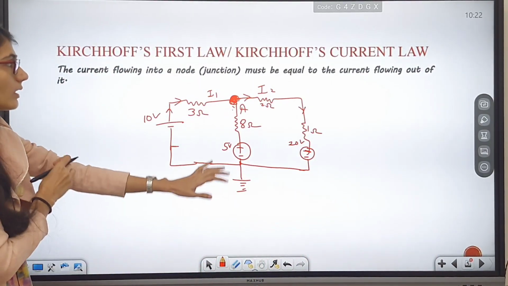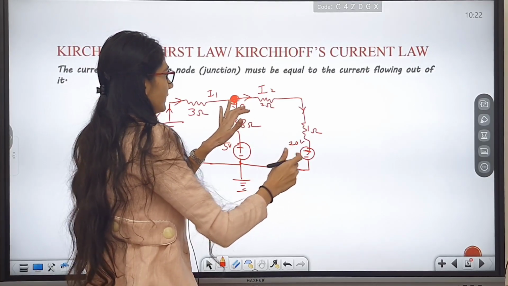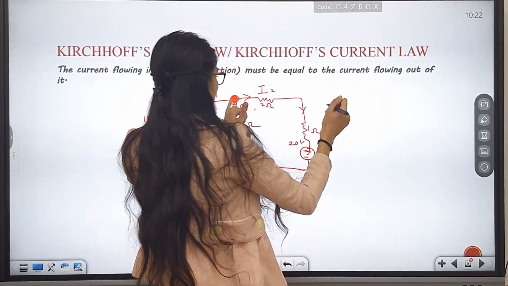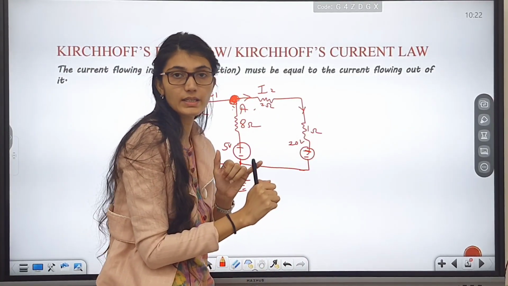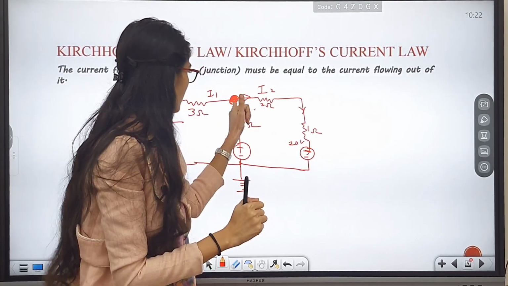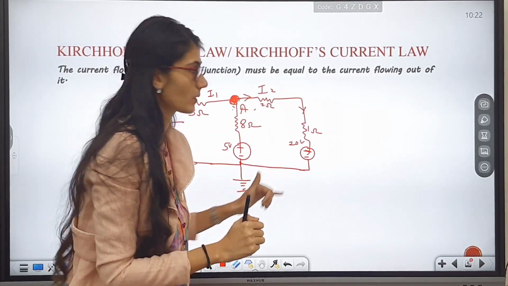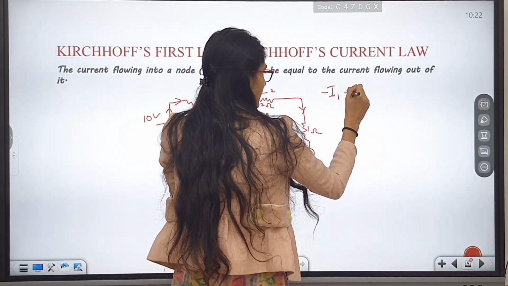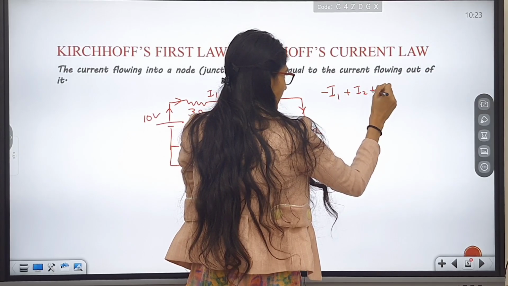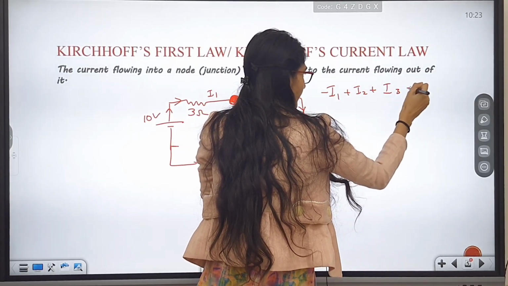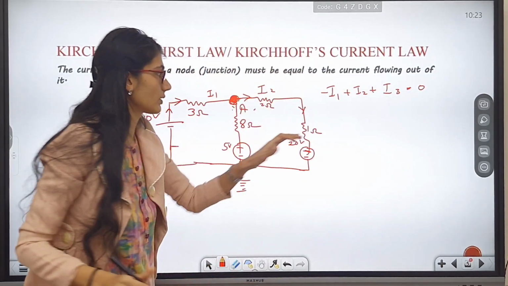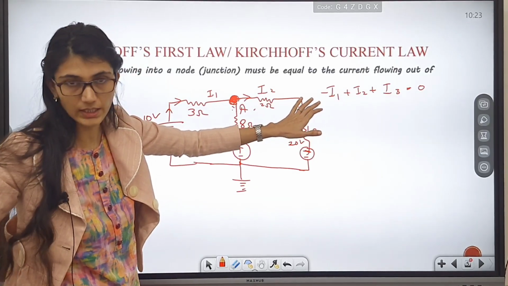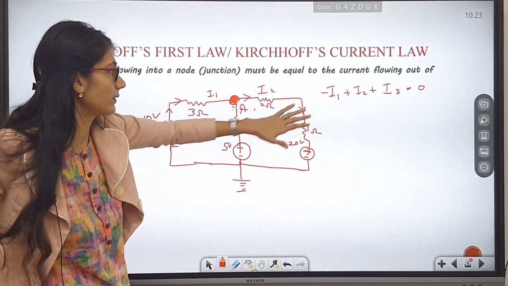So we believe that the inflow of the current will be taken as negative, and the outflow at this junction will be taken as positive. So we will treat it as minus I1 plus I2 plus I3. This is taken just for your understanding. After this, we will never take this.